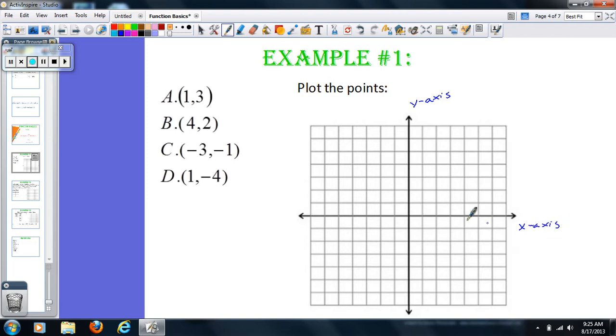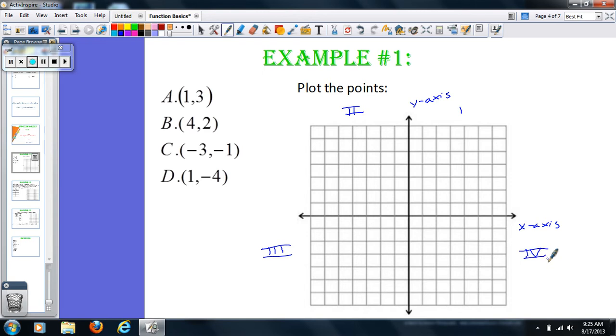I'm also going to talk about quadrants. You hear of quadrants when they section off different areas. They'll say this is quadrant 1 and this is quadrant 2. This is what we call quadrant 1, quadrant 2, quadrant 3, and quadrant 4.